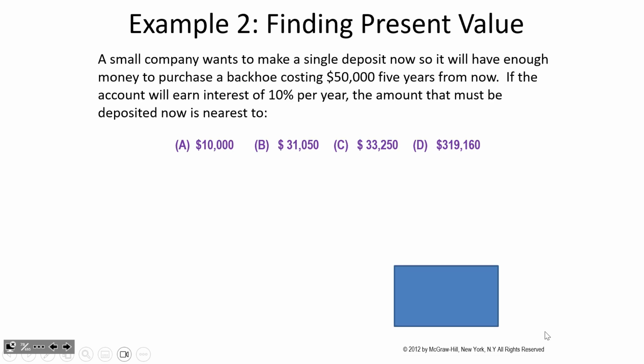All right, so let's take a look at another example, and I'm going to turn you loose on today's in-class exercise. A small company wants to make a single deposit now so that it'll have enough money to purchase a backhoe costing $50,000 5 years from now. Okay, so think.